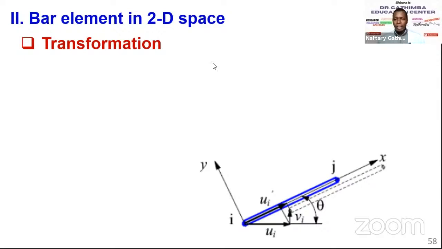So let me introduce the axis. Maybe I should draw a straight line. So this axis here, this is our axis, one axis there.